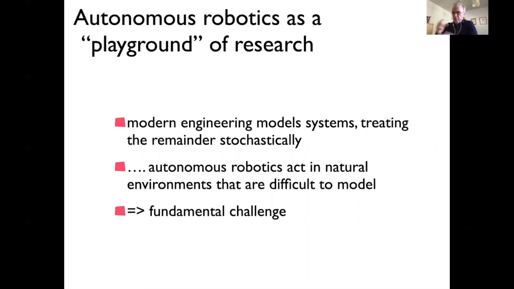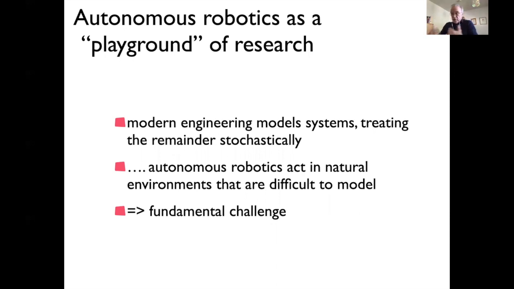Roughly speaking, and I'm not talking just about the last 50 years, engineering really is based on modeling systems, having very good approaches for how to model objects and the plant itself that you control and so on, with everything that is not modeled then being treated as stochastic.